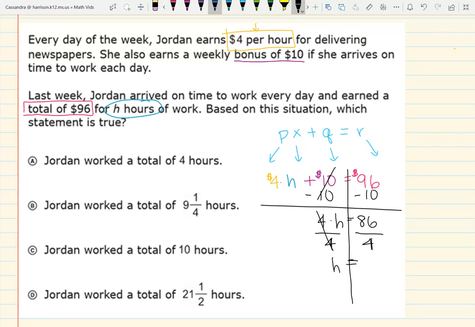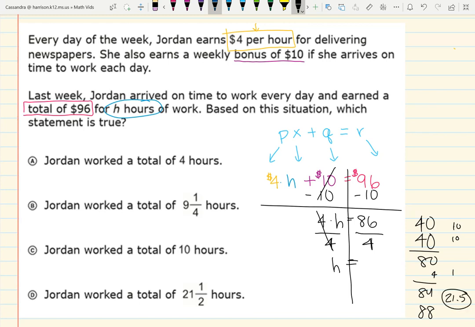We'll be left with the number of hours we worked. 86 divided by 4 is, so 4 goes into 40 10 times, goes into 40 again 10 times, and then that gets me to 80. Another 4 gets me to 84, and then the next number would be 88, so 86 is halfway between 84 and 88. So 21, and then halfway would be 21.5.